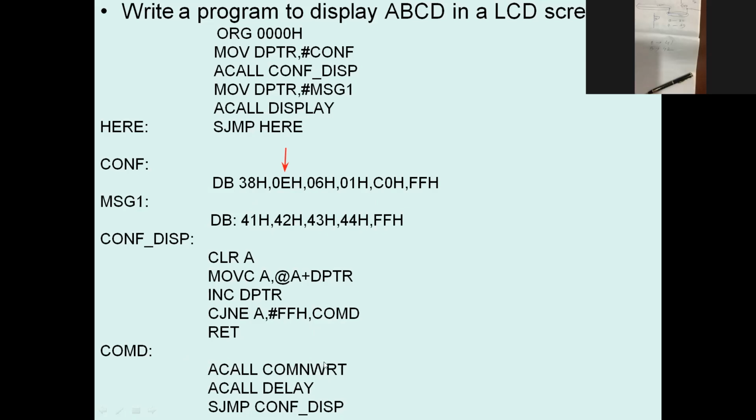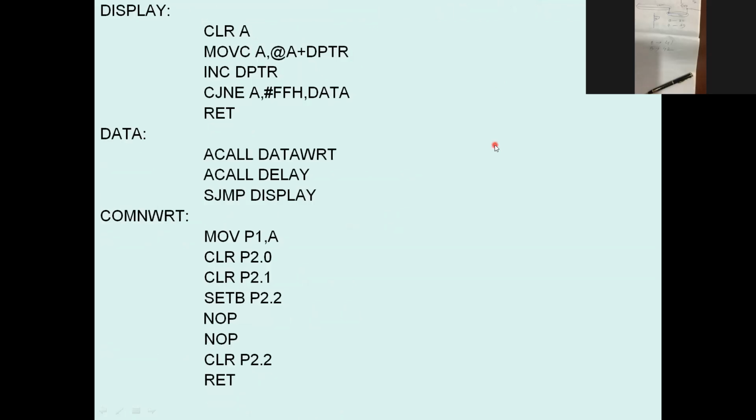ACALL command word. Just see, MOV P1, A means 38H is given to port 1, but port 1 does not take the entry yet. Before that we give three signals: number 1 RS, number 2 RW, and number 3 enable.